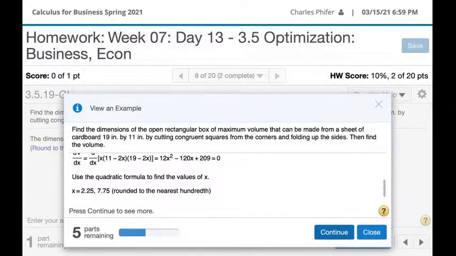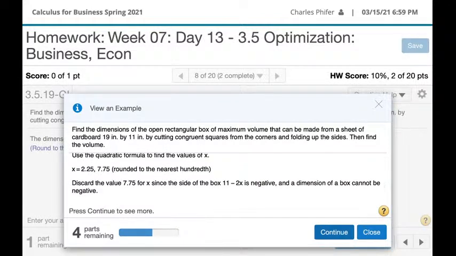Discard this value since the box is negative and the dimensions of the box cannot be negative. Is that the one that we used? That's probably why. We probably used the wrong X. No. But that wasn't a max either. Round to the nearest hundredth. That was our max. Whoa. Okay, discard that one because the side of the box is negative in the dimension.